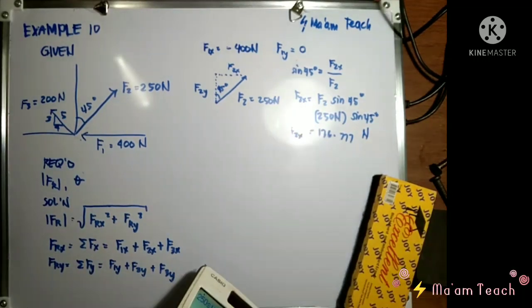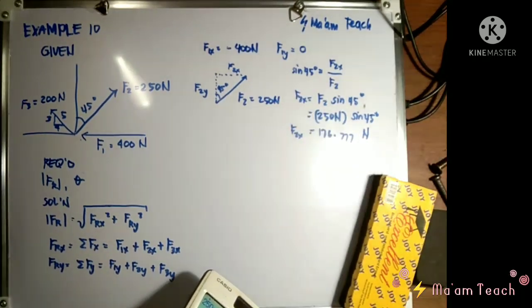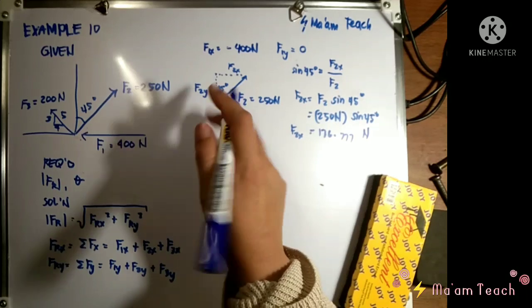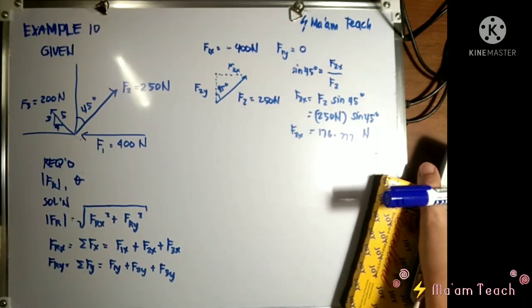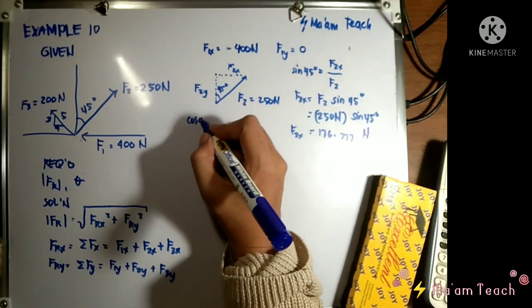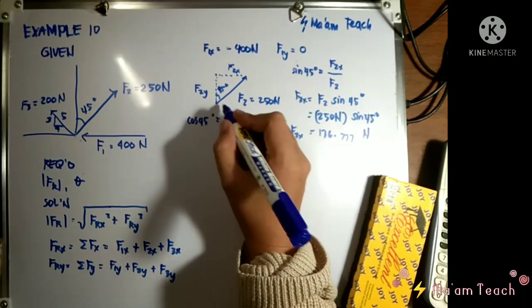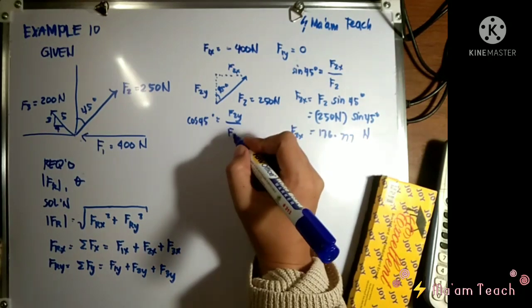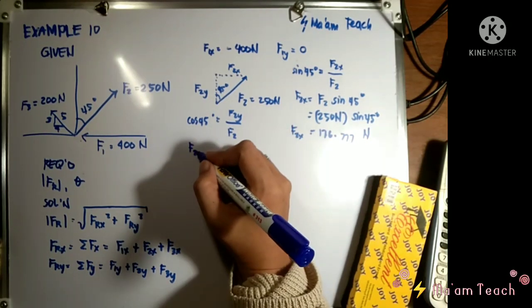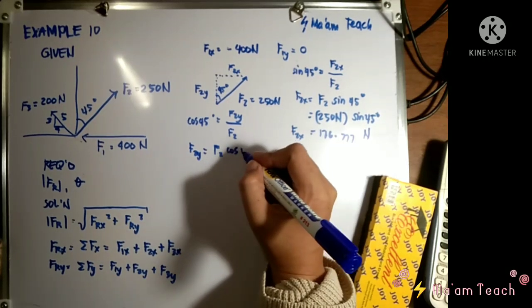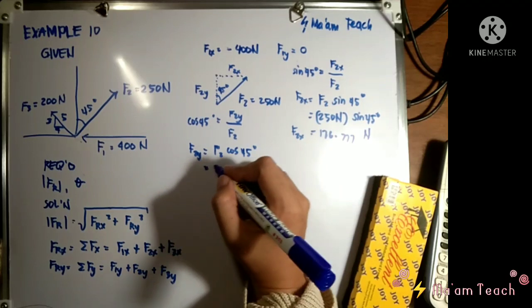Now how about for the y component? For the y component, class, it will be adjacent to this angle here. So using the cosine 45, the adjacent is F2y and the hypotenuse is F sub 2. So F sub 2y is F sub 2 cosine 45 degrees.